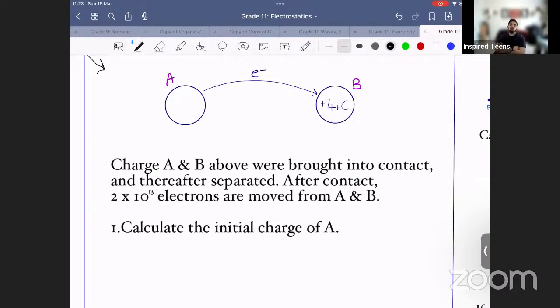So according to that information, can someone tell me which is the more negative charge? If the electrons moved from A to B, which is the more negative charge?